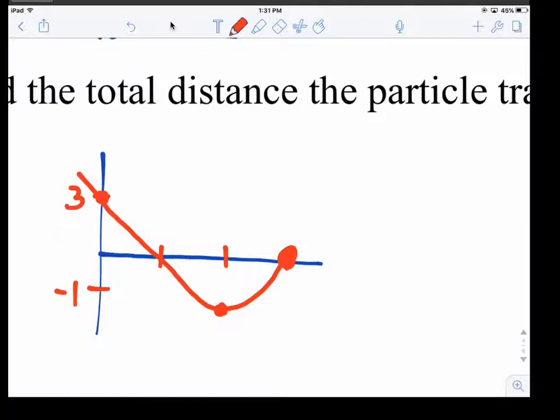We want to see how much distance I accumulated from t equals 0 to t equals 2, and then t equals 2 to t equals 3. That's part of the function. If you plug in 0 into the original, you'll get 3. Well, it's a quadratic, because it's t squared.